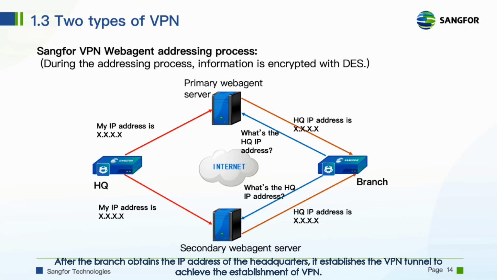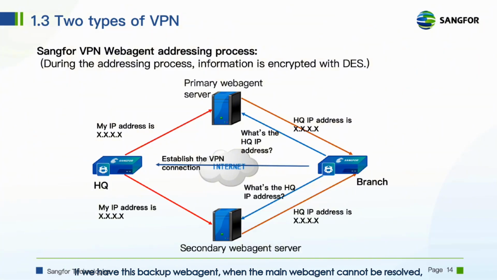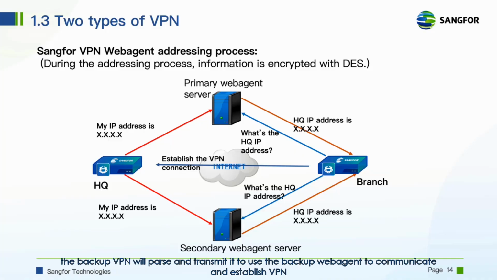After the branch obtains the IP address of the headquarters, it establishes the VPN tunnel to achieve the establishment of VPN. If we have a backup WebAgent, when the main WebAgent cannot be resolved, the backup WebAgent will parse and transmit it, so the backup WebAgent is used to communicate and establish VPN.